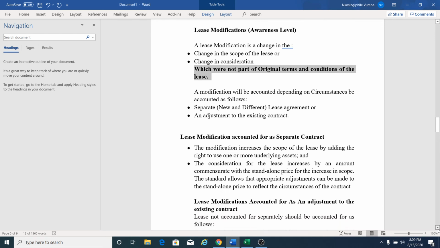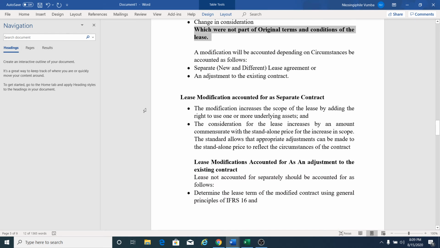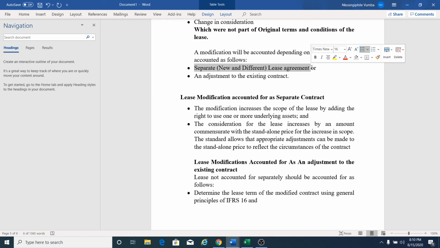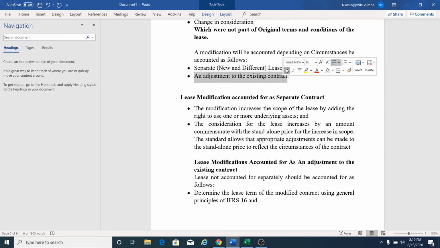Now going forward, how do we account for lease modification? We can either account for it as a separate lease agreement, which is just something completely new. It has no effect on what was happening before. You are applying IFRS 16 from scratch for that contract. Or we account for it as an adjustment to the existing contract.